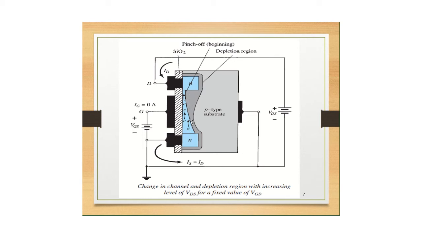There will be a channel between drain and source, and as we increase VGS, the width of the channel will also increase depending on the effective voltage. Okay, so I'll call it the effective voltage, which is nothing but VGS minus VT. And there is significant amount of drain current.